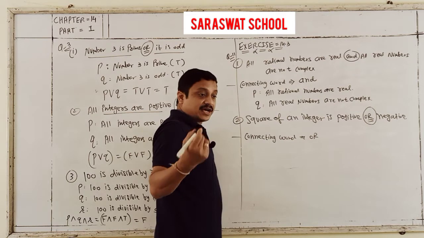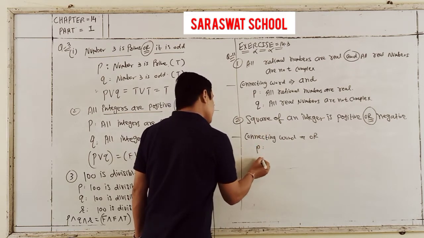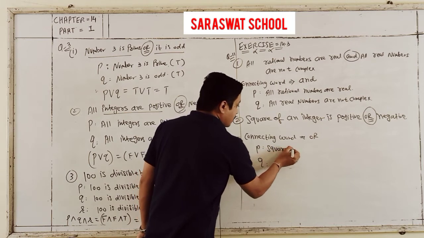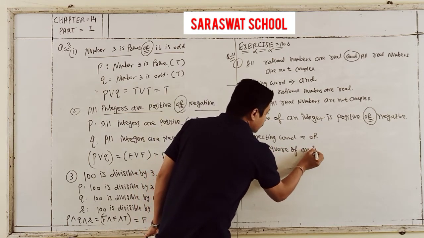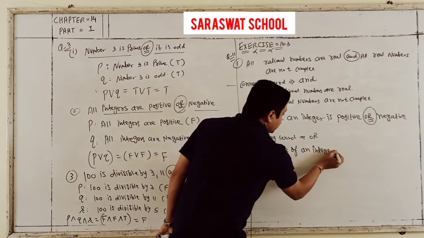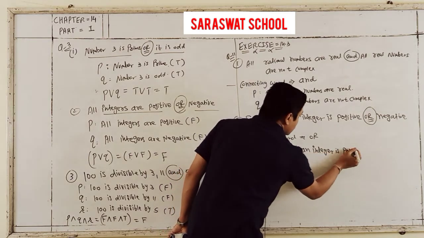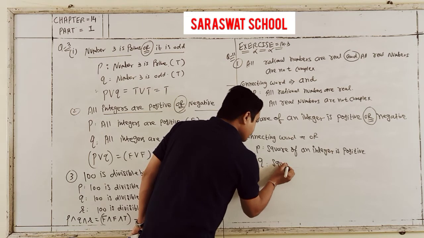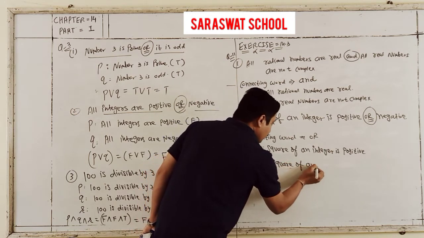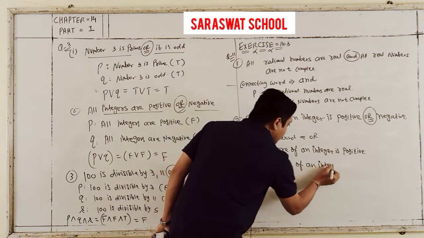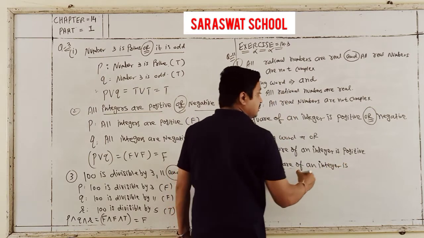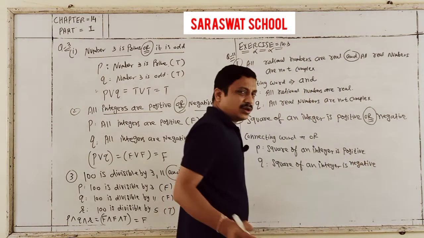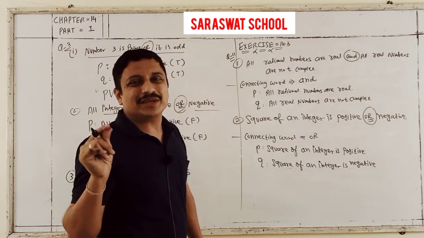And in the answer parts P and Q, write down: the square of an integer is positive, and second, the square of an integer is negative. Only two statements, write down P and Q.